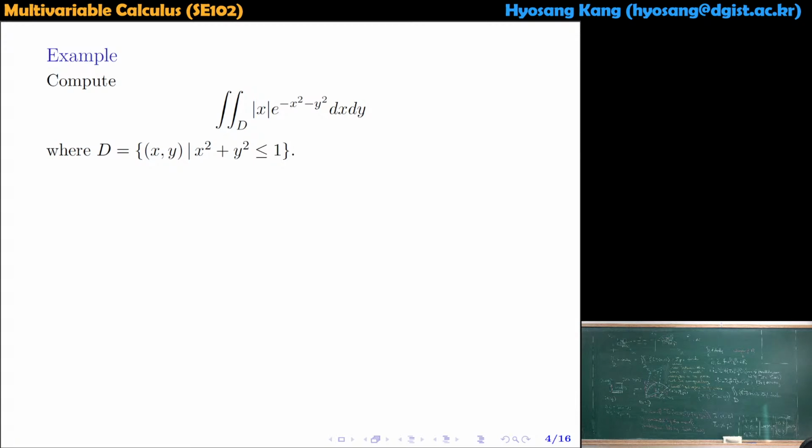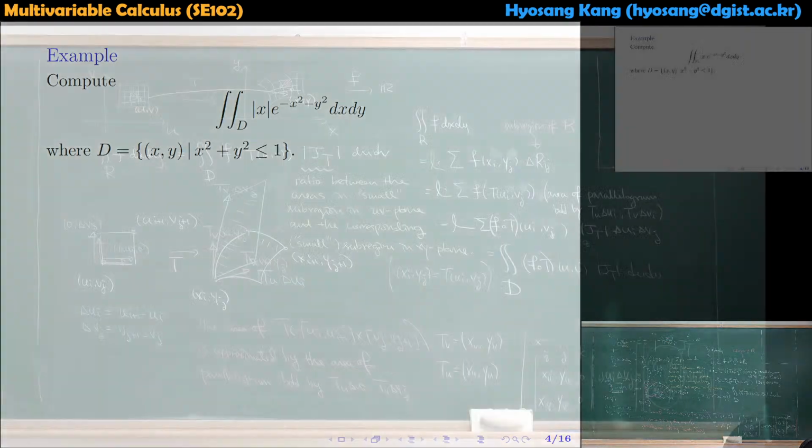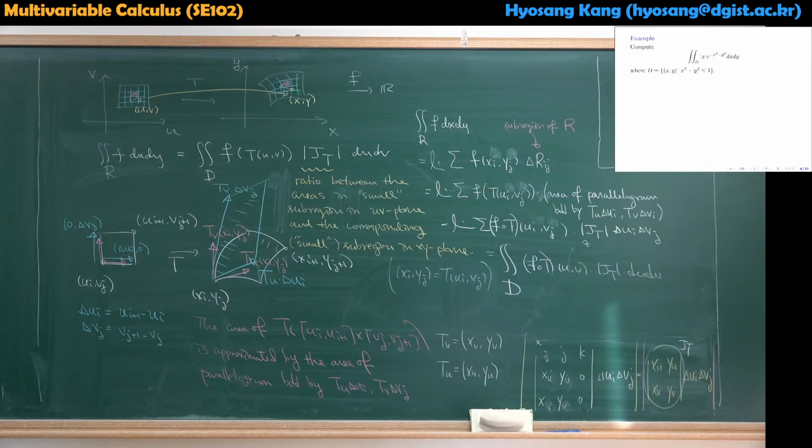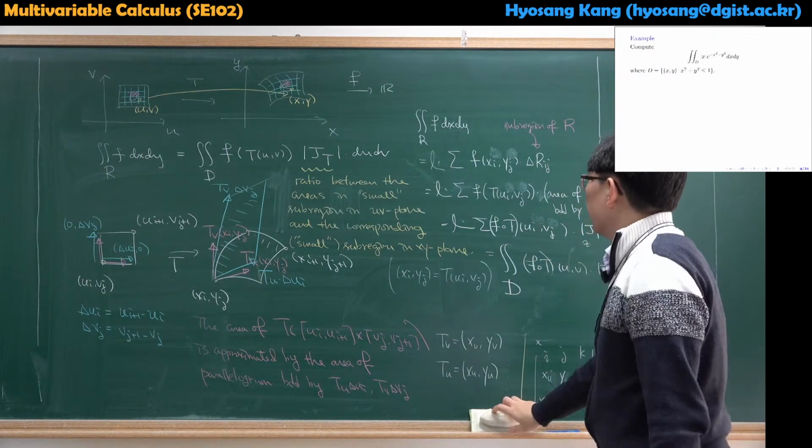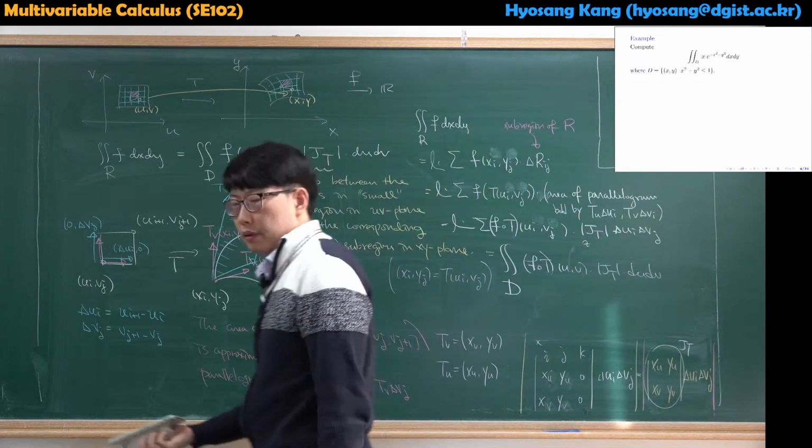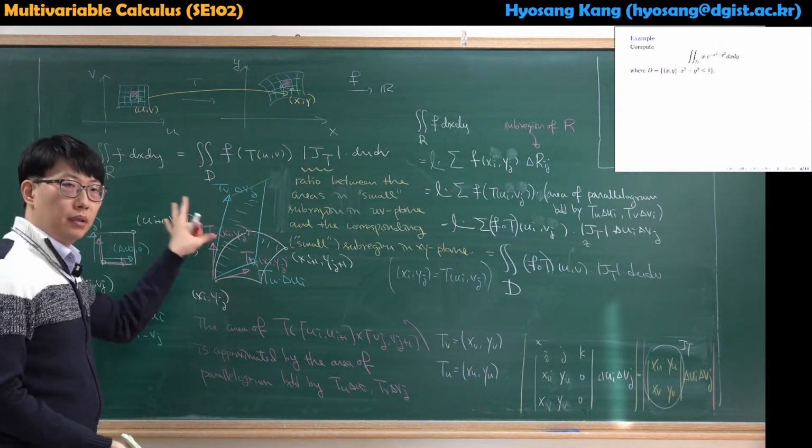I think it's hopeless if you try to do that using Fubini's Theorem. But using integration by substitution, it becomes really easy, and I'm going to introduce a very useful transformation that can be used for many integrations by substitution. So before I erase this part, are there any questions?